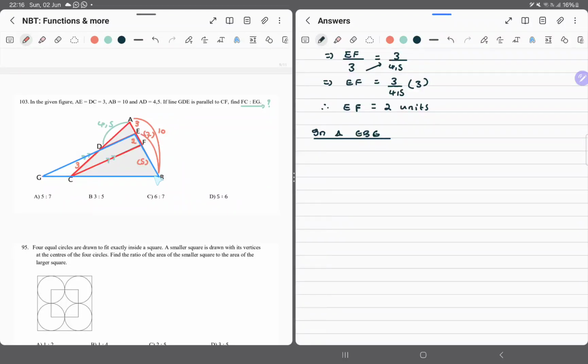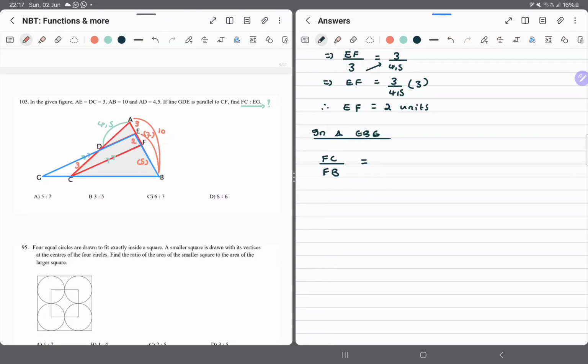We know that essentially if we want CF over FG, what we need is to literally use these sides. I mean, how you start is really not a big deal. For me, I'm going to say FC over, now FC over this side, FB. That's the best way. That's the best way to do it.